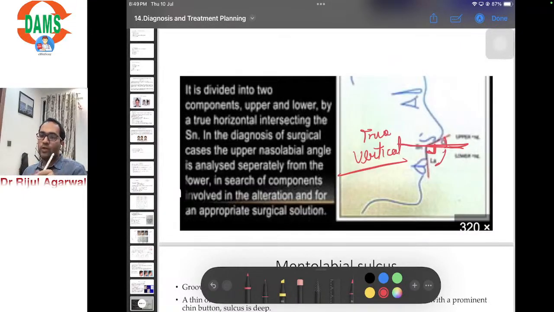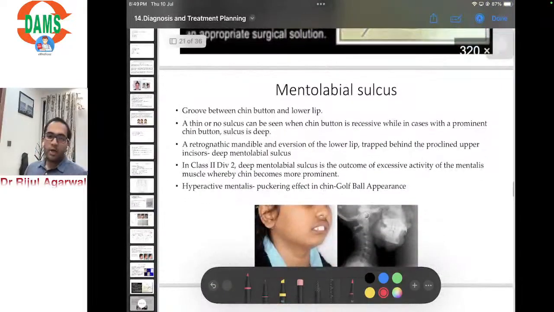After this true vertical, our diagnosis and planning is based on the lower nasolabial angle value. Okay, I hope I'm clear.